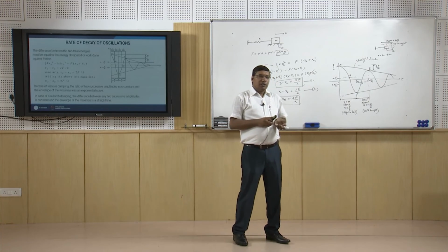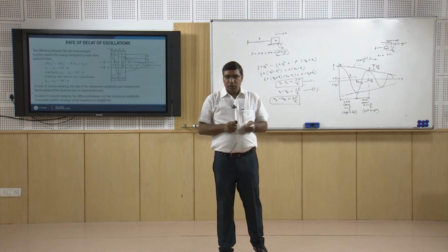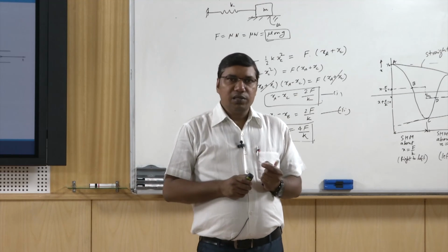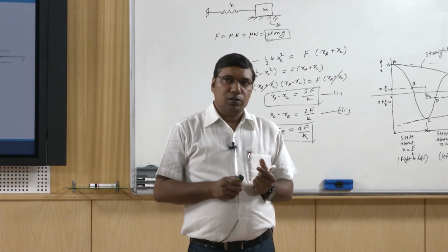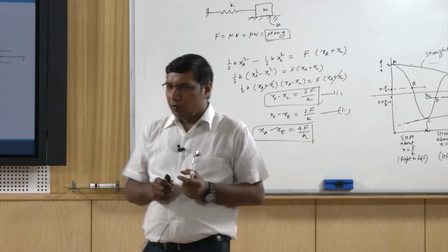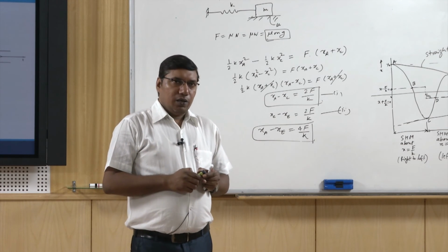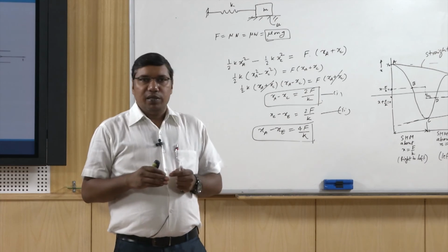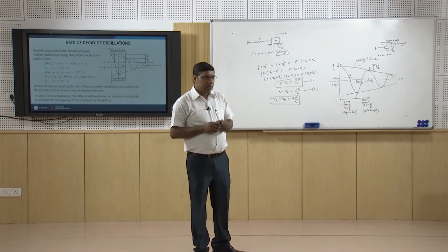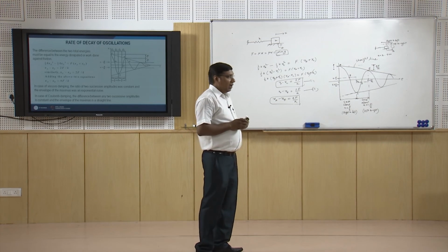So we see that in case of Coulomb damping, the reduction in the amplitude between two consecutive amplitudes is 4F by K, a constant quantity, and the envelope passing through the maxima of the amplitude is a straight line.